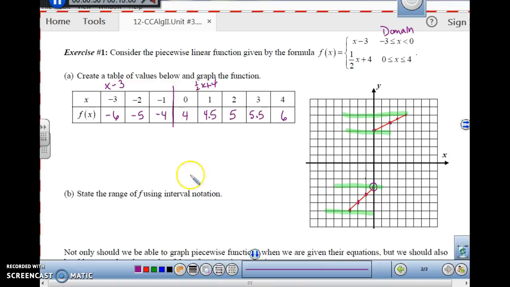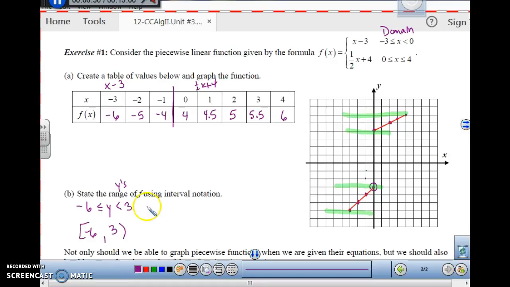It's all the y values, so the range, remember, is the y's. This group right here, your range would be from -6 until you get to 3, but notice 3 is not included right there. Now, if you did this in interval notation, it would be bracket -6, comma, 3, parenthesis.